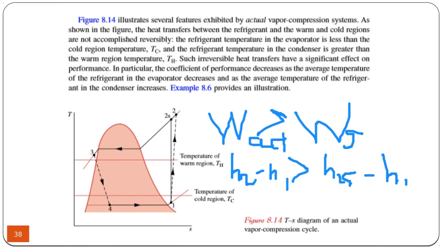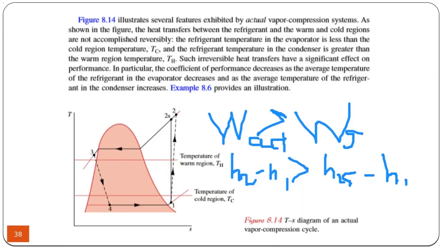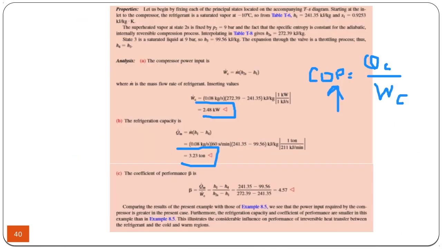It was previously 3.67 tons. Now the new cooling system has a smaller cooling capacity, 3.23 tons. And finally, the COP is less than the previous one.